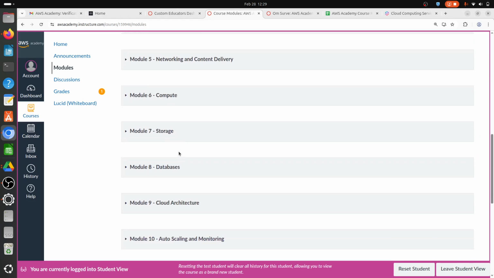Module number 5 talks about networking and content delivery. Now we are looking at those OTT providers, Netflix for that matter, Amazon Prime for that matter, or Hotstar, Jio Hotstar. Currently the World Cup cricket matches are going on in India.